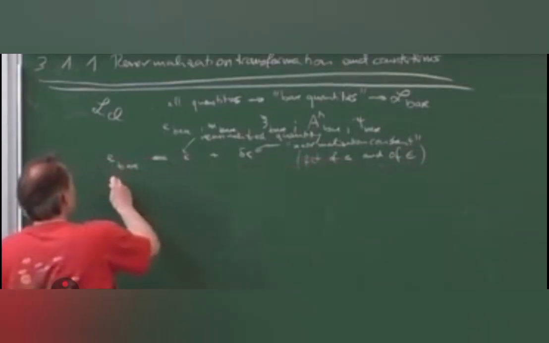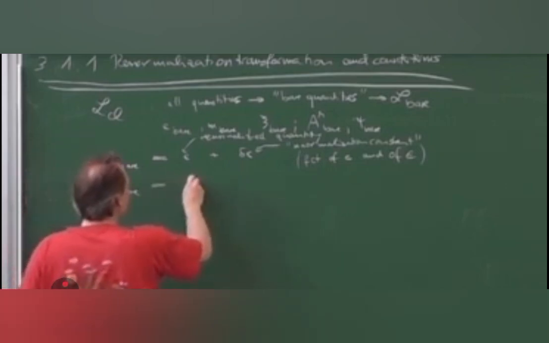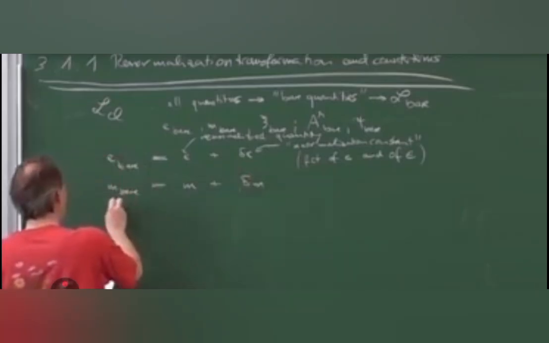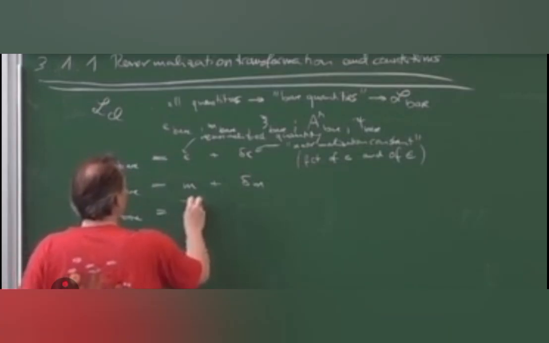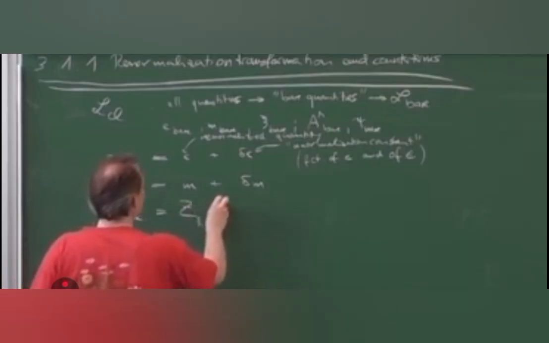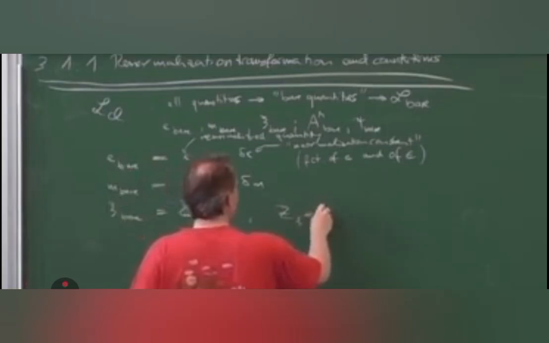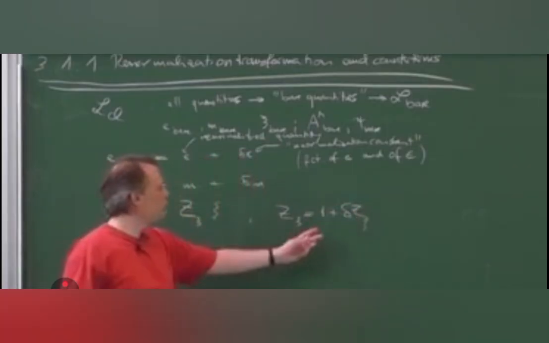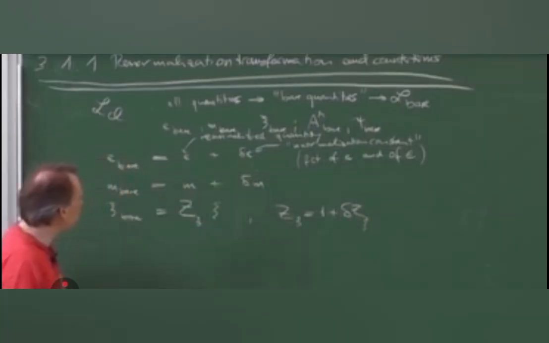So this is the bare charge, and then there is also the bare mass. m bare is equal to m plus delta m with the same meaning. Xi bare is given by Z xi times xi, where Z xi is given as 1 plus delta Z xi, and then again this is a renormalization constant which has the same property as delta e and delta m.